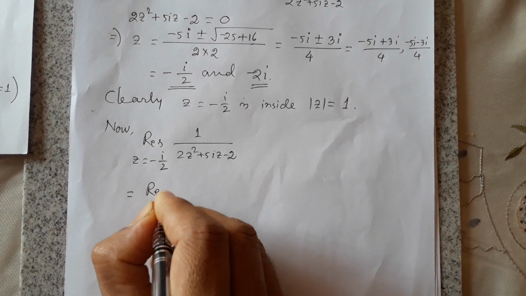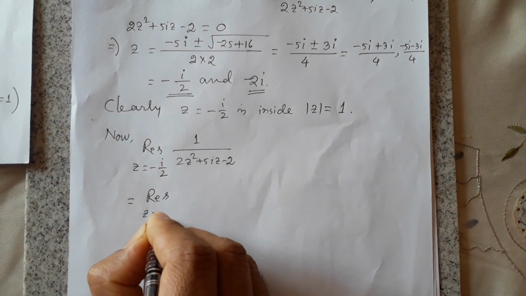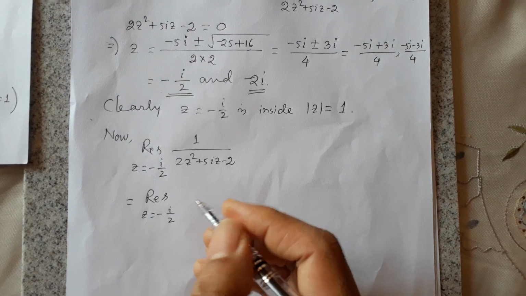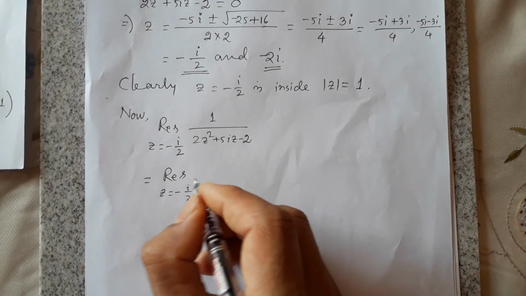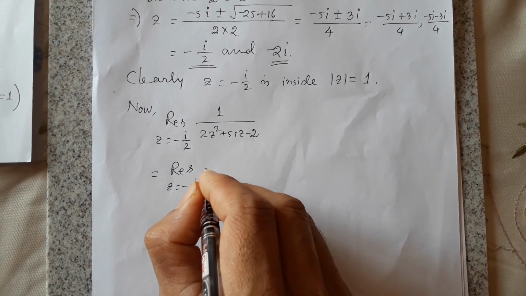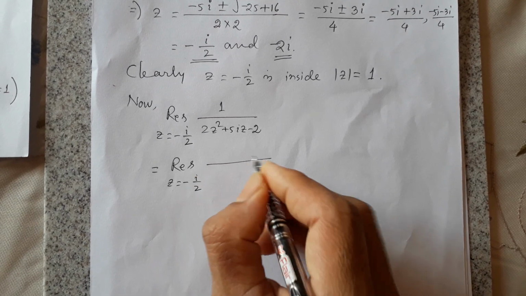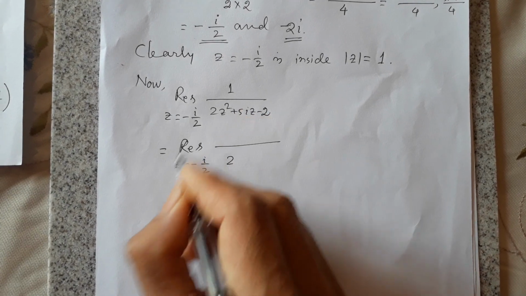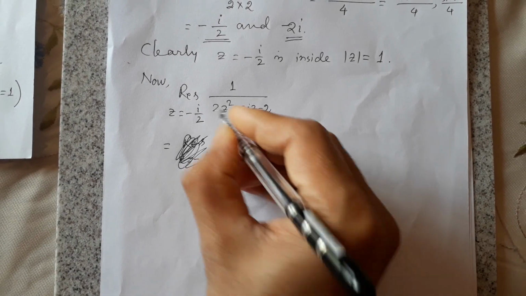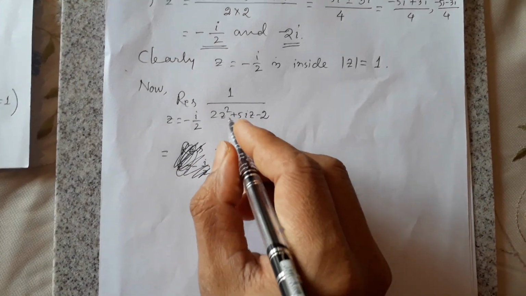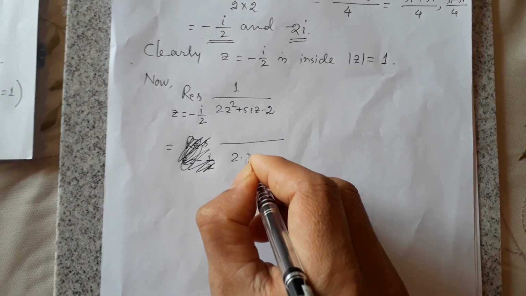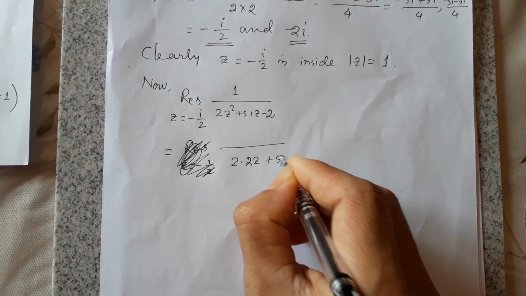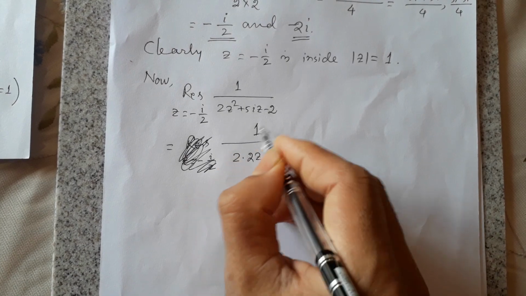So what is the residue? The residue at z equal to minus i by 2 is the numerator over the derivative of the denominator. The derivative of the denominator is 4z plus 5i, and the numerator is 1.